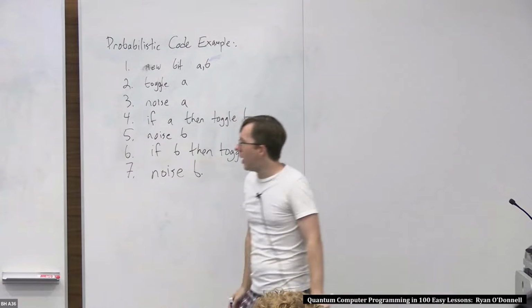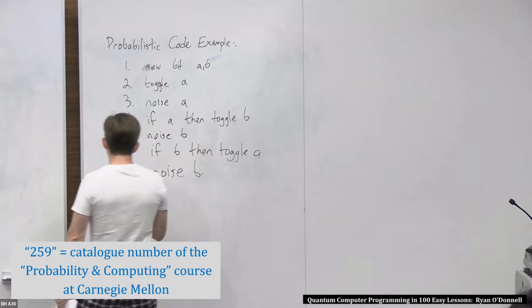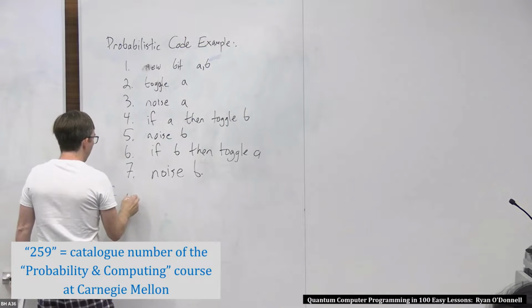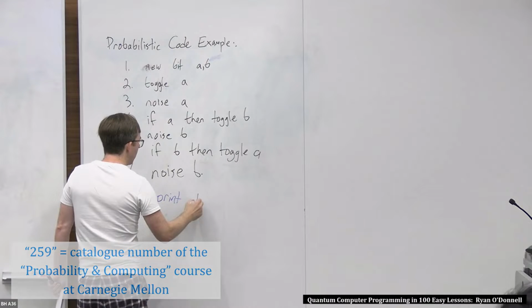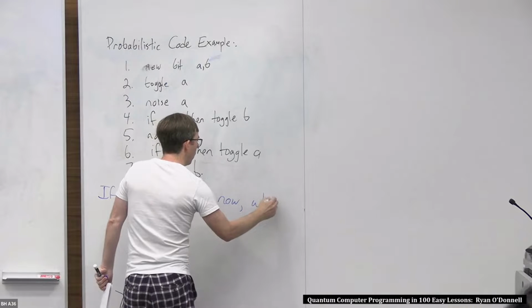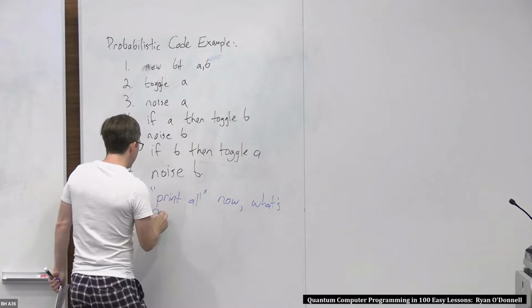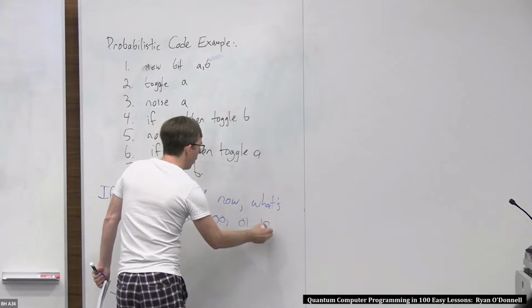And you know what all the instructions mean, and what noise means is said right there. So if this was like 259 or some other basic probability class, I might say, okay, if we did print all now, with what probability do you see all the possibilities? What's the probability of seeing 0, 0, 0, 1, 1, 0, and 1, 1?